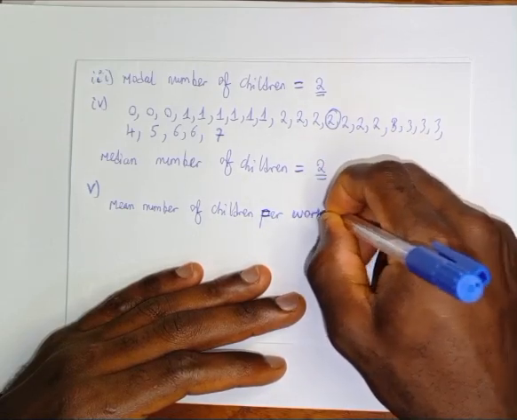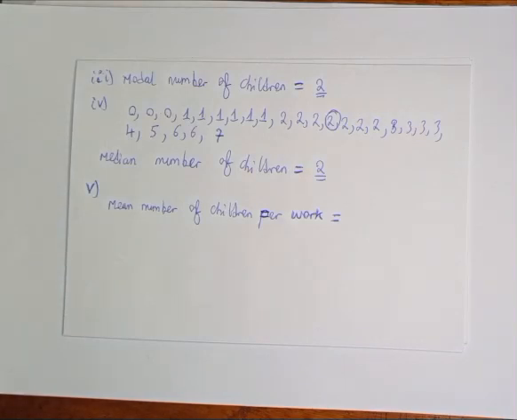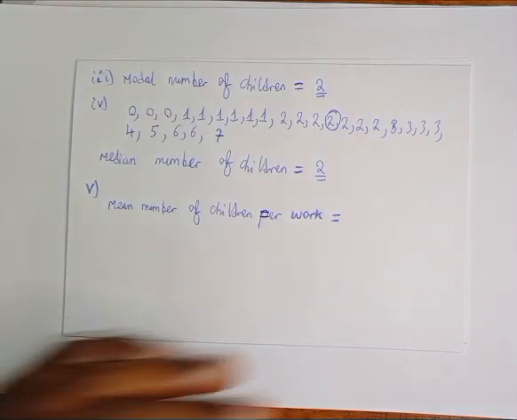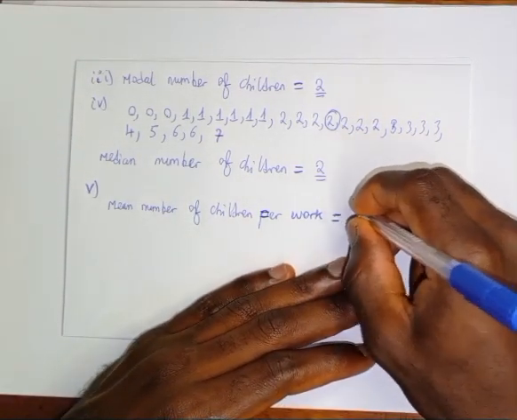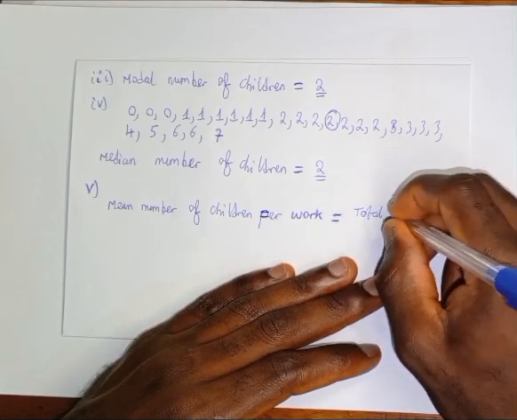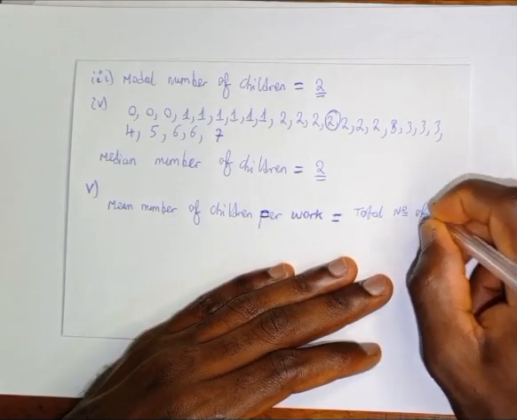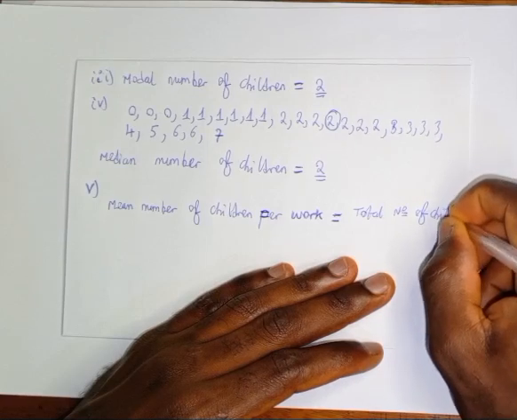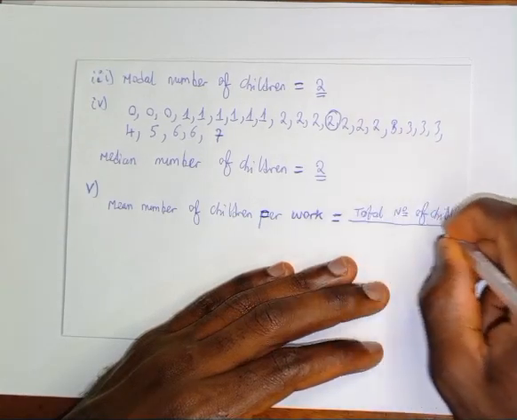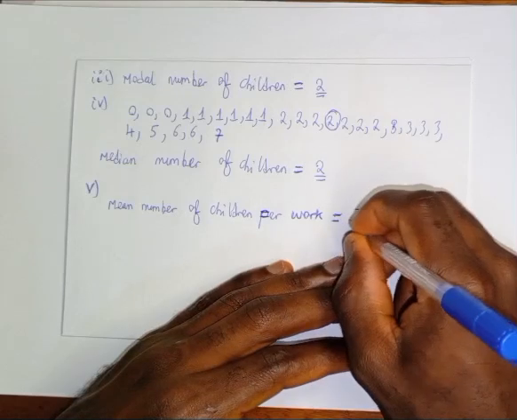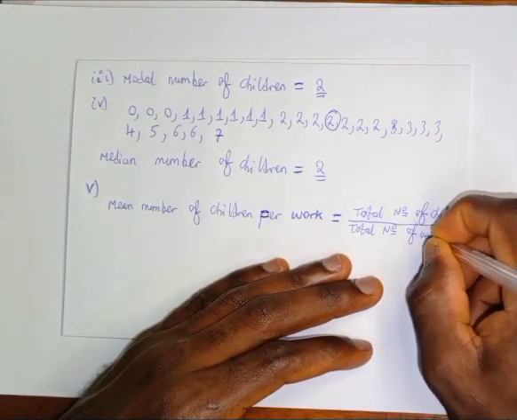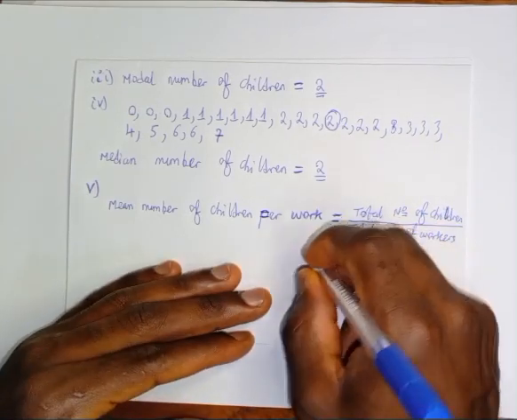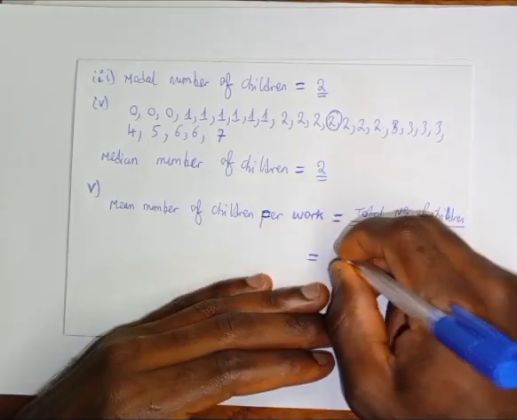So for us to get the mean number of children per worker, what we are simply going to do is divide the total number of children by the total number of workers. The total number of children is 60.